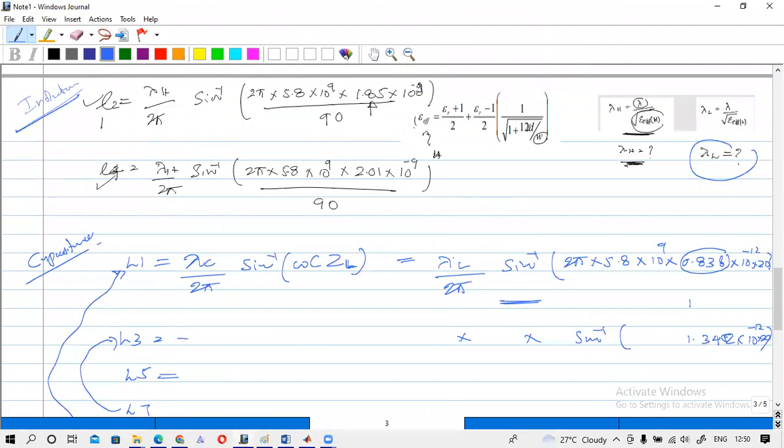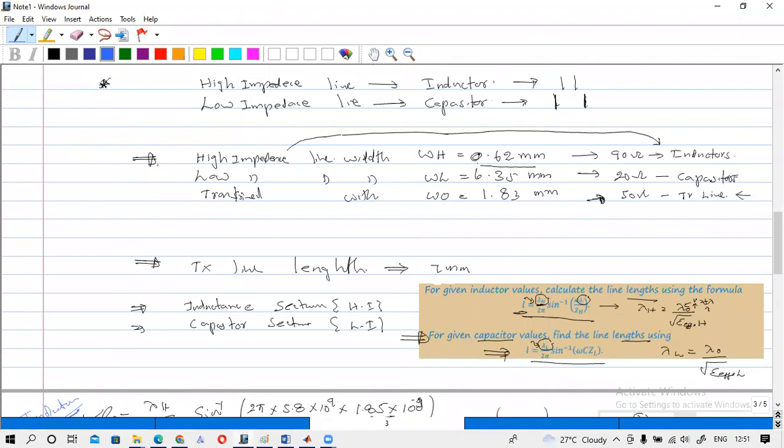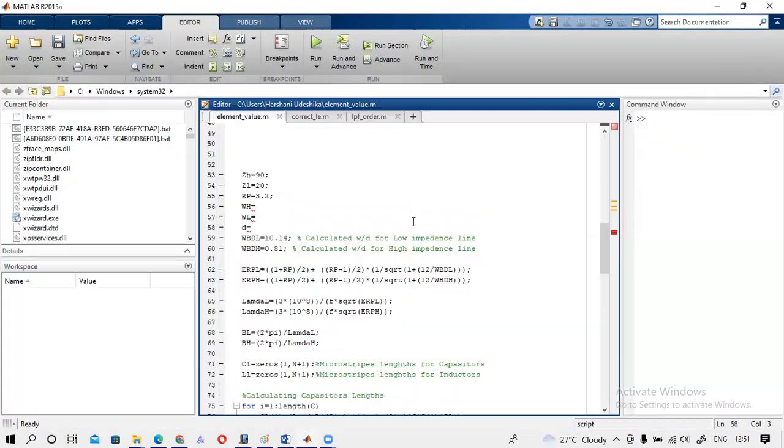So what is the WH value? WH is 0.62, so you can put this 0.62.